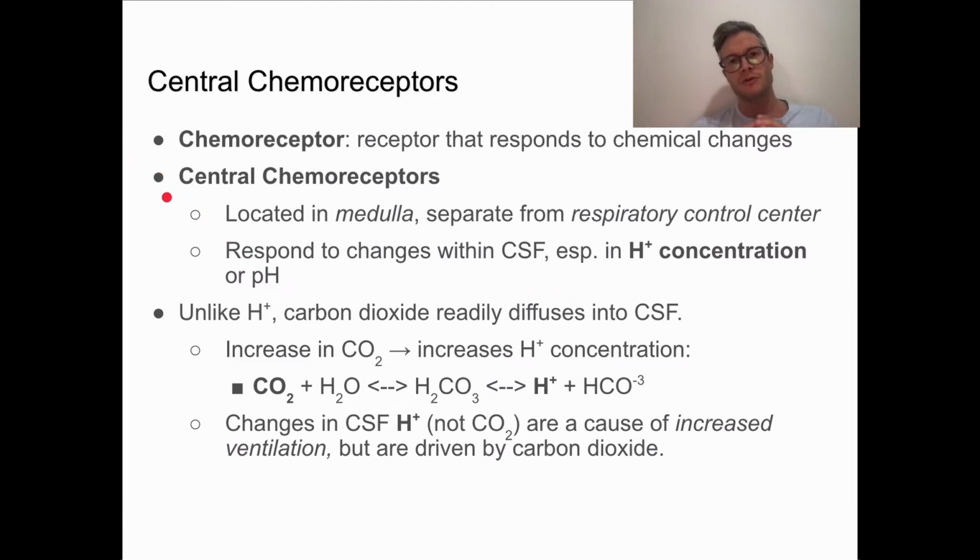When we look at our central chemoreceptors, so again, these are mechanisms that help control our respiratory rate centrally, so around the brain and spinal cord, so the medulla and our other components of our respiratory control center, we see that, sure enough, it responds in particular to hydrogen concentration. Now, that's in these central areas, but unlike our hydrogen protons, carbon dioxide readily diffuses into the central nervous system.